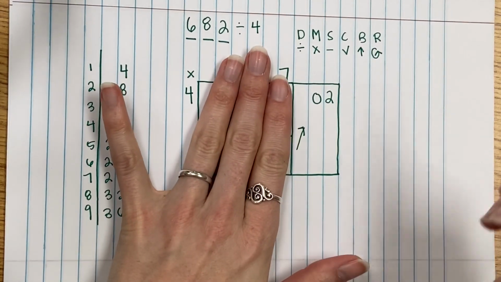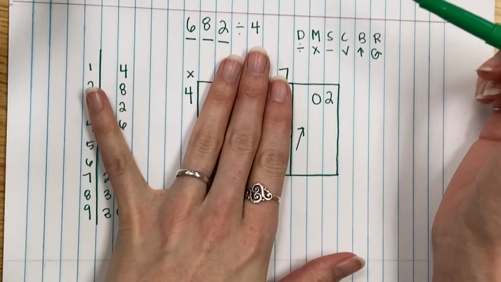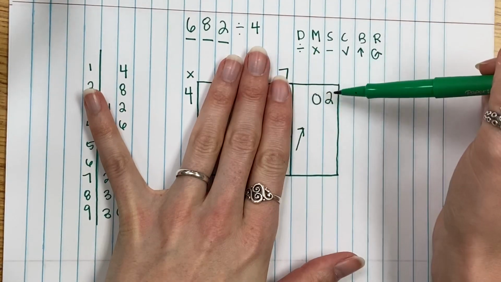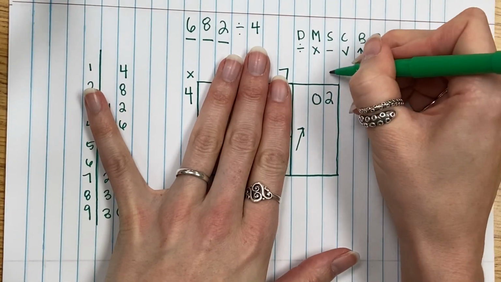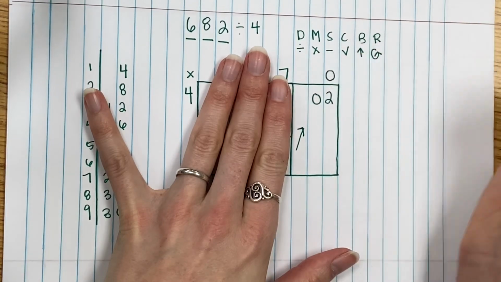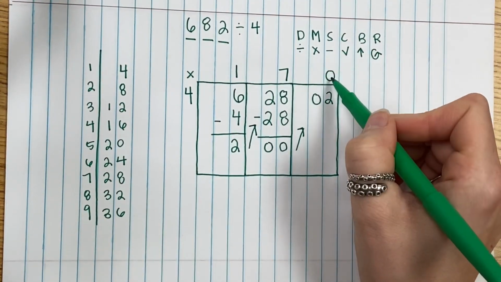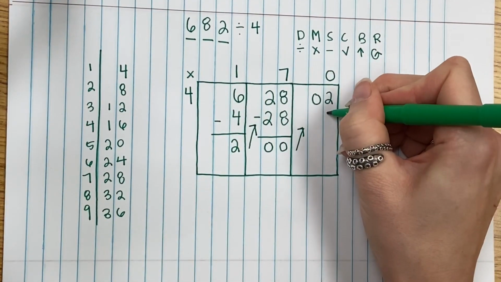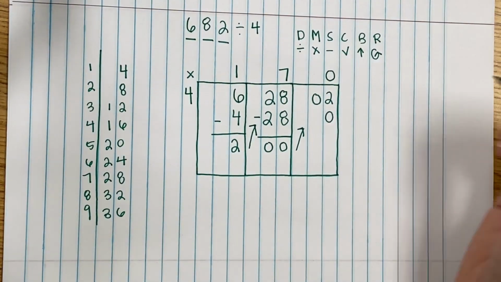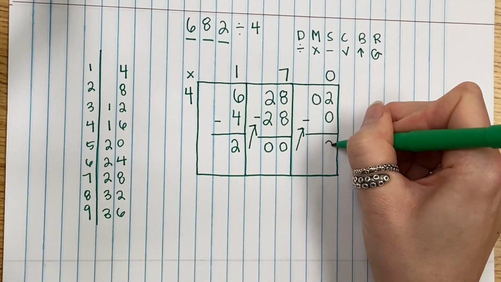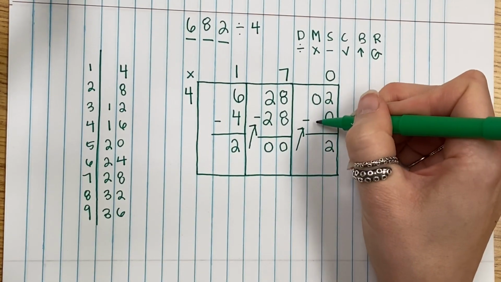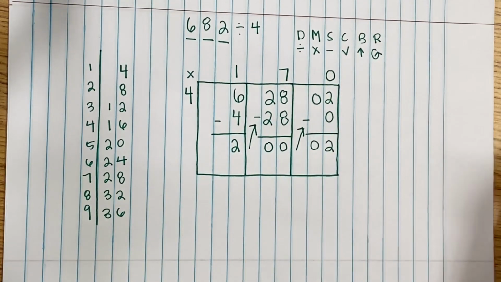Now I'm finally dividing into my last box. So I need to ask myself, how many times can 4 divide into 2? Well, 4 can't divide into 2. So I'm going to put a 0 above that 2, and I'm going to multiply 0 times 4, which is 0. After I multiply, I'm going to subtract. 2 minus 0 is 2. 0 minus 0 is 0.